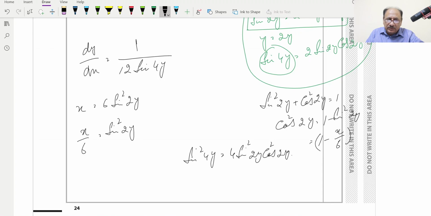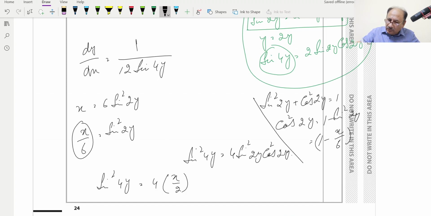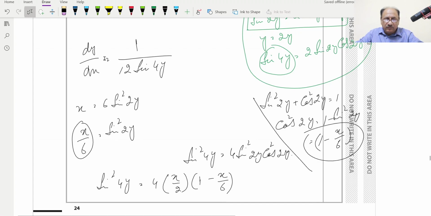Sine square 2y we can replace with this value x over 6, and cos square 2y we will put this value which we have found over here, which is 1 minus x over 6. So these two values we will be replacing, and we will be simplifying.